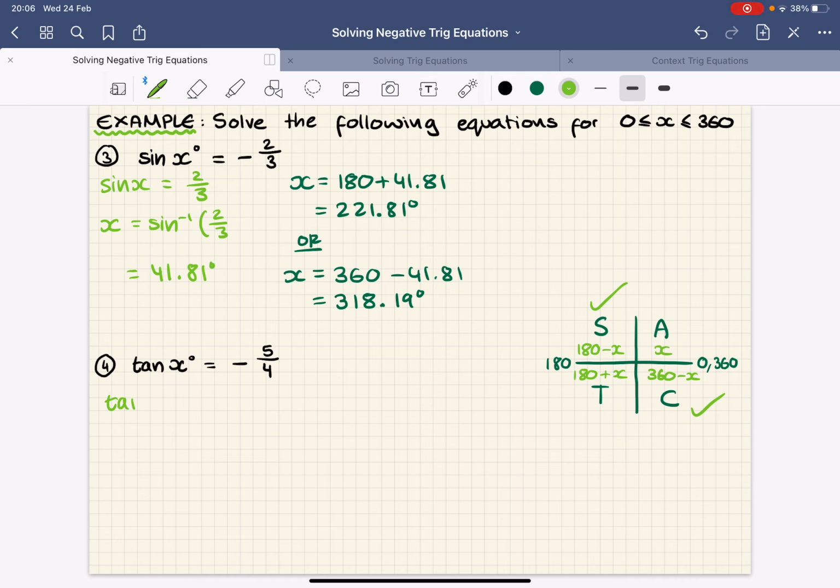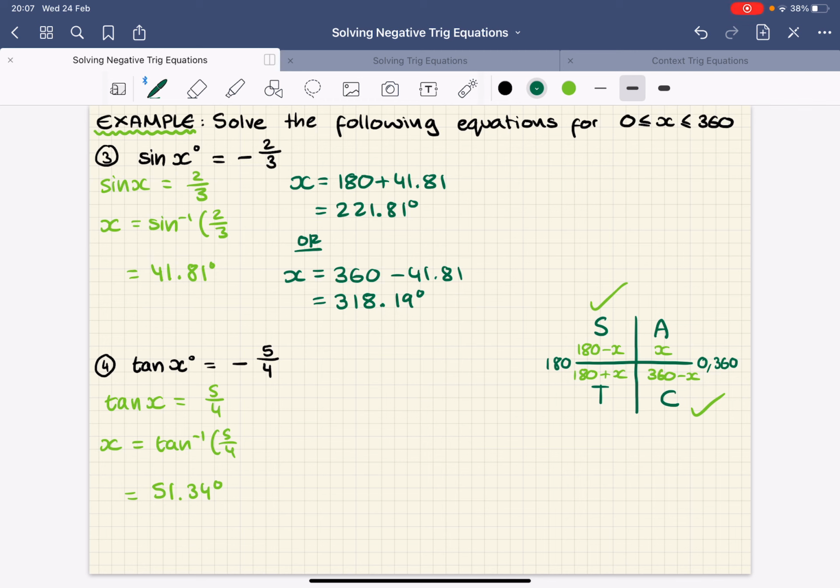So I just focus on my tan x equals a positive 5/4. So doing the inverse tan of it. So that will just be 51.34 degrees.